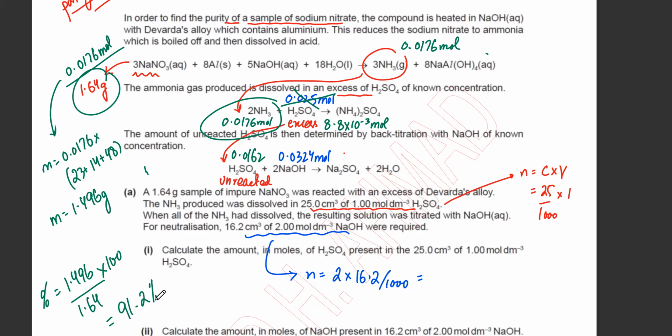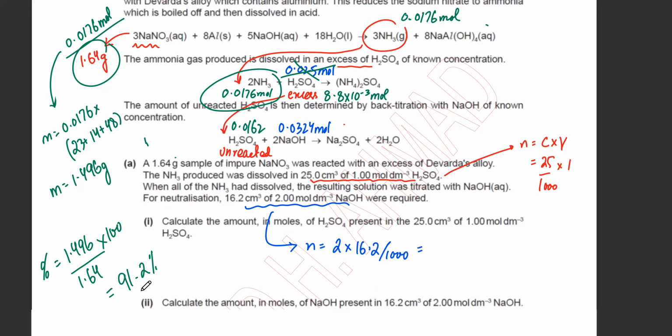You can remember your answer cannot have more significant figures than the values that you're using. Your answers cannot be more accurate than that. So everywhere, look at the significant figures; your answer can't be more accurate than that.